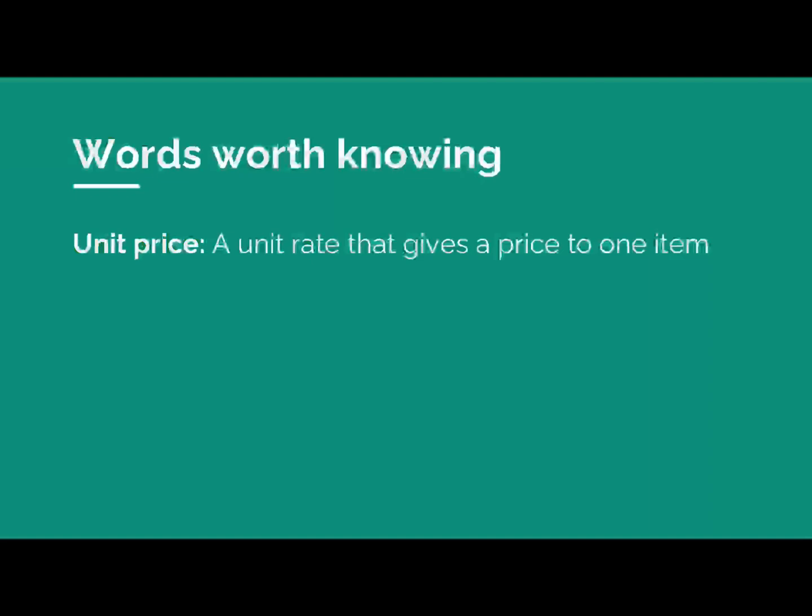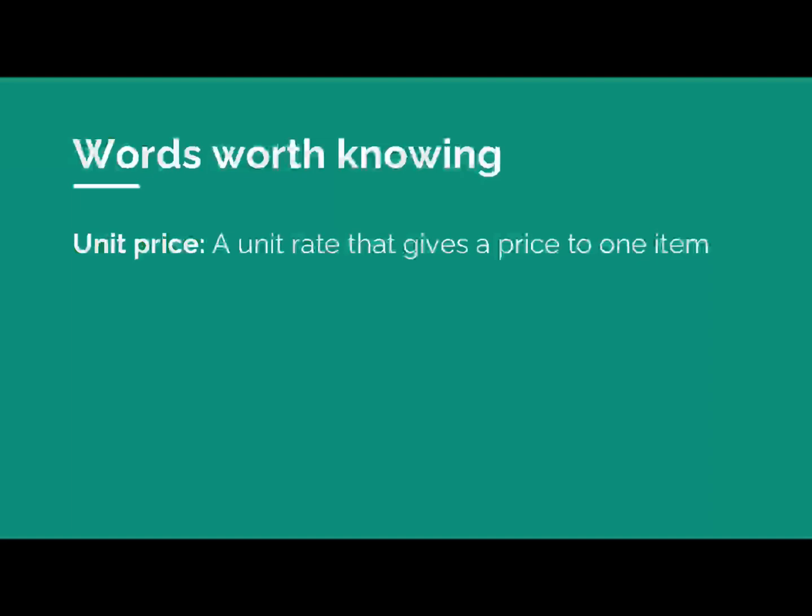Okay? How this is useful is, let's say you're at the store and you're comparing two different items. And you have a 6-pack of pop for $5 or an 8-pack of pop for $7. If you know the unit price, it's going to tell you which one is a better deal overall.